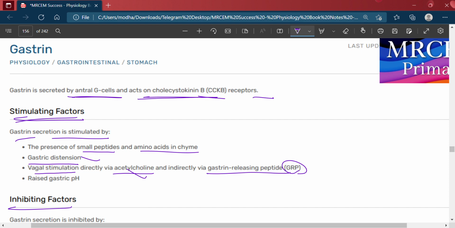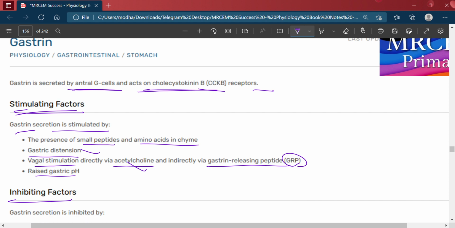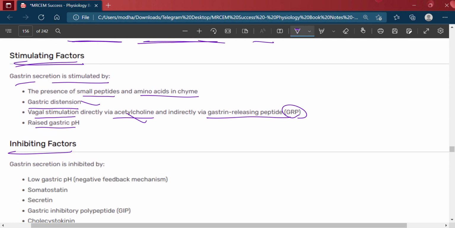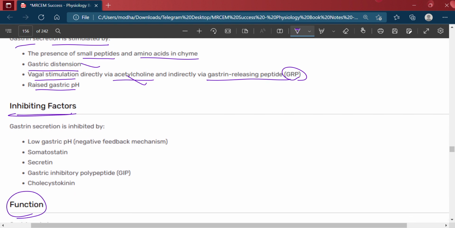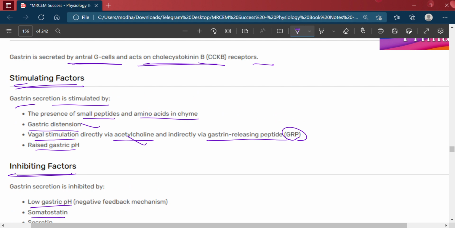Raised gastric pH also stimulates gastrin secretion. As for the inhibiting factor, gastrin secretion is inhibited by low gastric pH, then somatostatin, secretin, gastric inhibitory peptide, and cholecystokinin. So gastrin is secreted by the antral G cells and acts on the cholecystokinin B receptor.